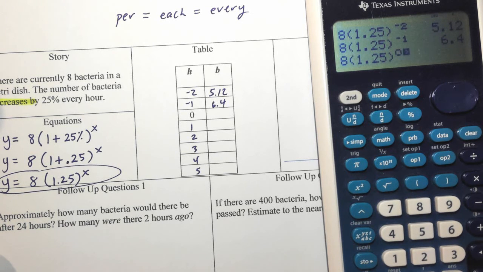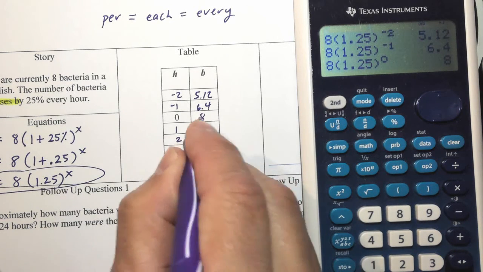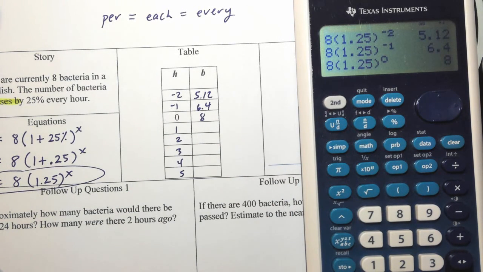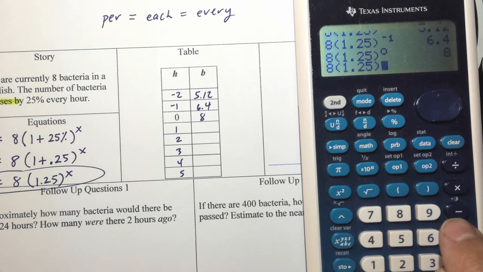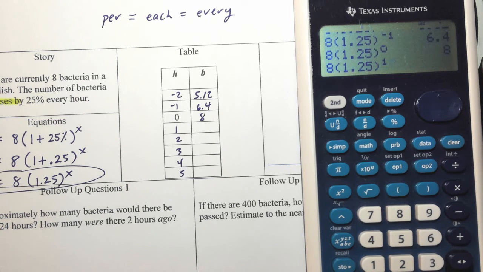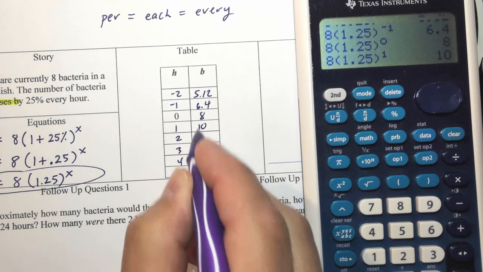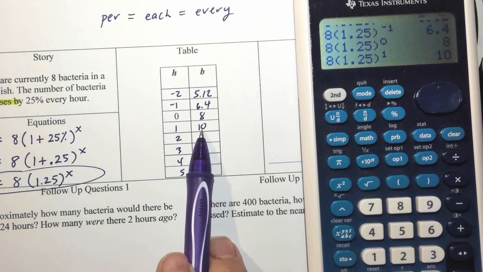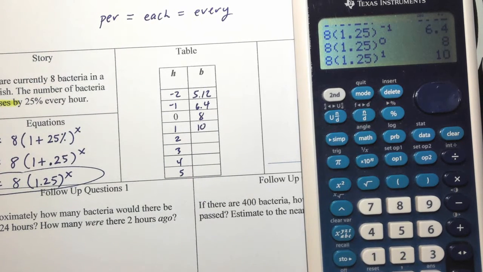Of course, the answer is 8. 0 always stands for y-intercept or starting amount. And then 8 times 1.25 to the power of 1. 10. So after 1 hour, there are 10 bacteria. You cannot tell that it's exponential growth yet.